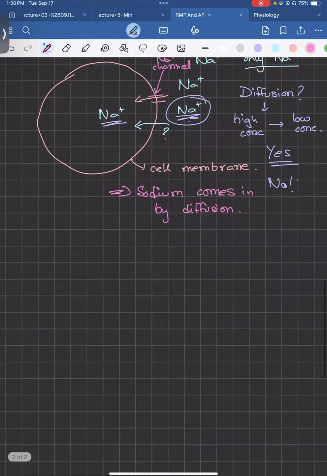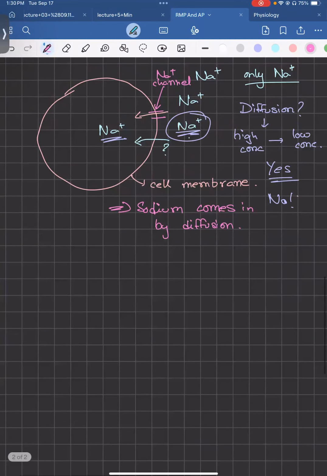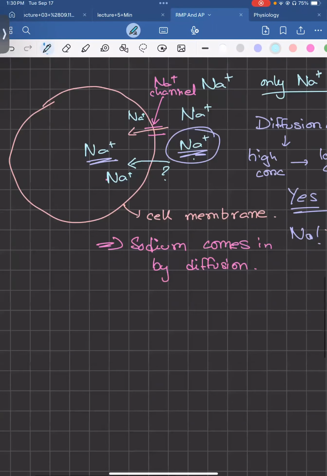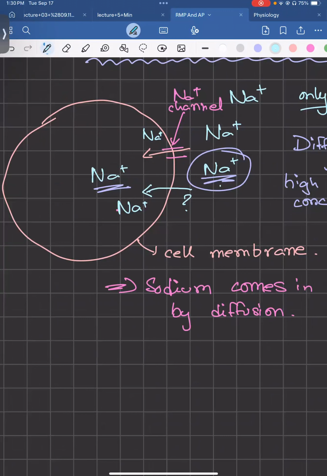Now, the same thing. Sodium is coming inside. And what would happen after some of them have gone down the concentration gradient? What happens when sodium is accumulating around the membrane? Because it's positive, there's going to be more positive charges around here.